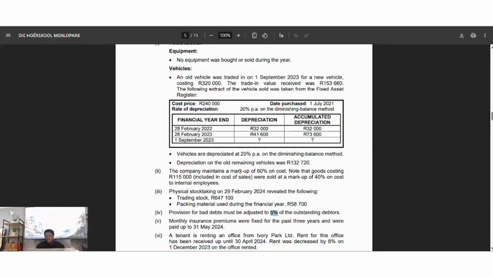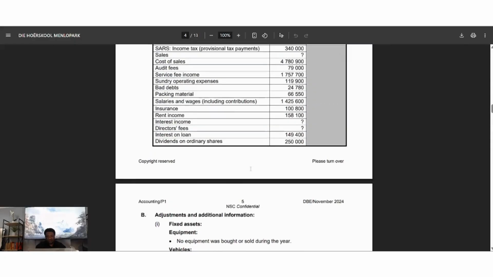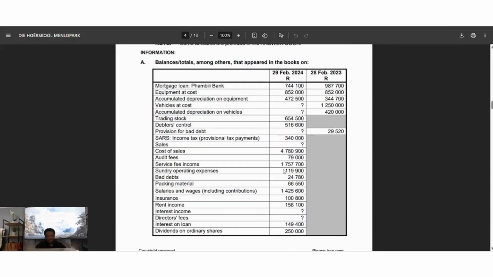And if it increases or decreases, we work out that balance and then work out 5% of that. Now in this case there isn't information like that, and so what we will do is just go to our list of balances and find our debtors control.